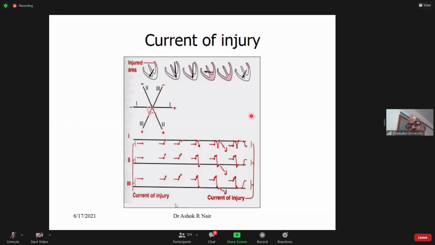Now, when ventricular activation is taking place and the whole ventricle is depolarizing, the ventricular depolarization vectors will be affected by this current of injury. So the overall electrical vector will change.